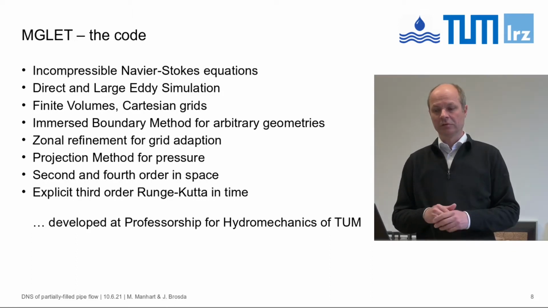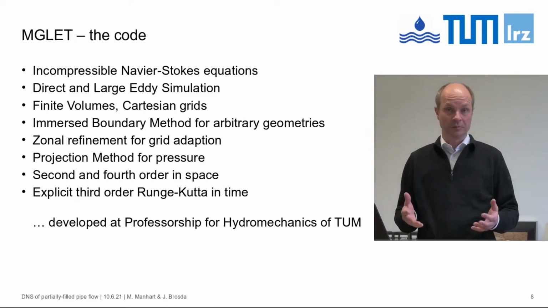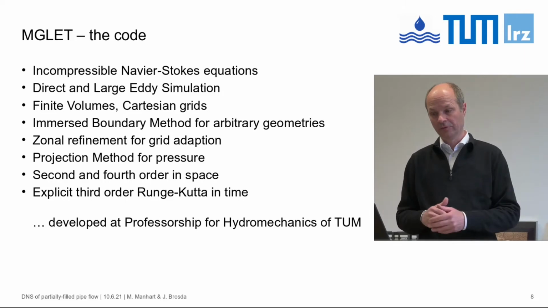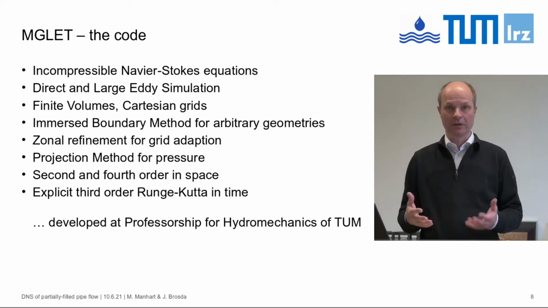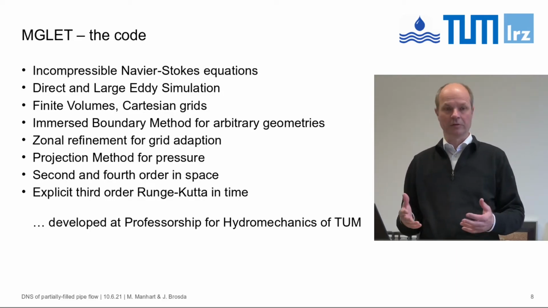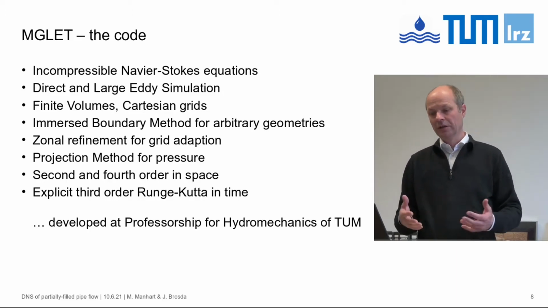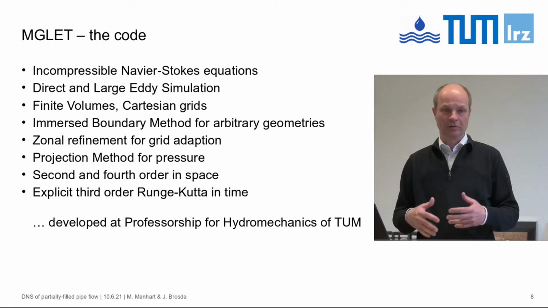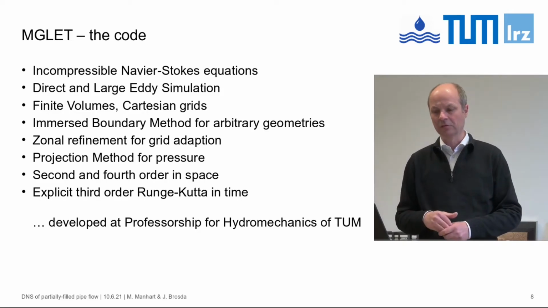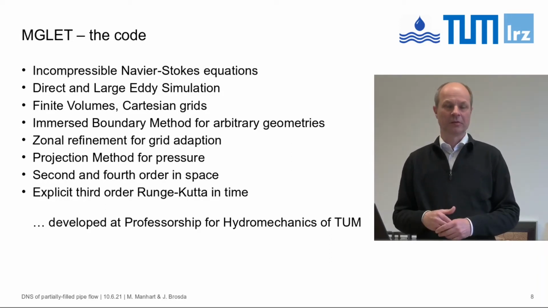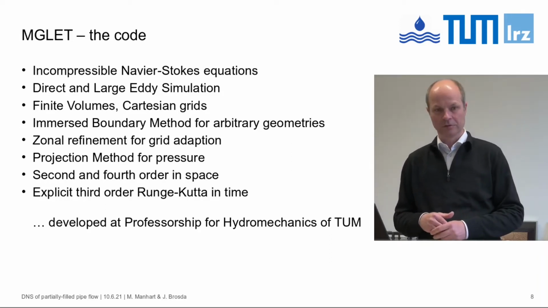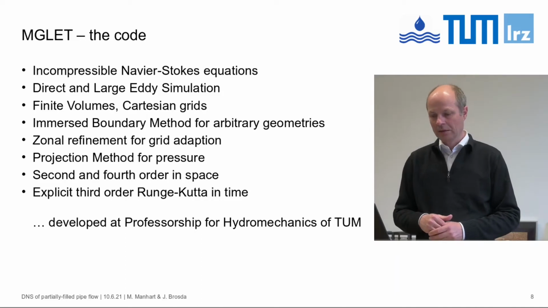We use zonal grid refinement for adaptation of the grid to the wall. The time integration is done via a projection method for computing the pressure, and we use second order approximations in space and an explicit third order Runge-Kutta scheme in time.